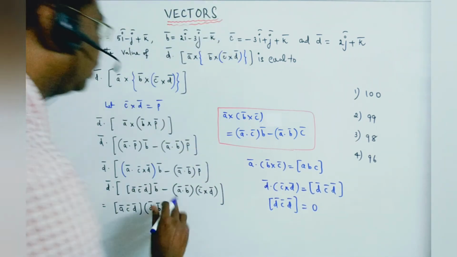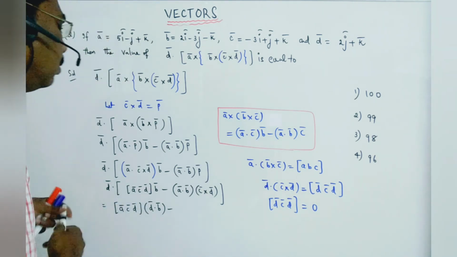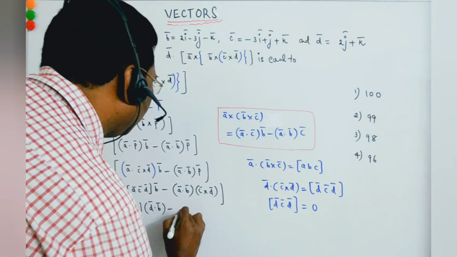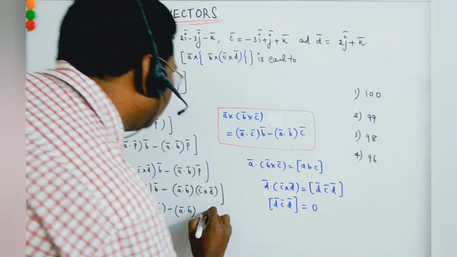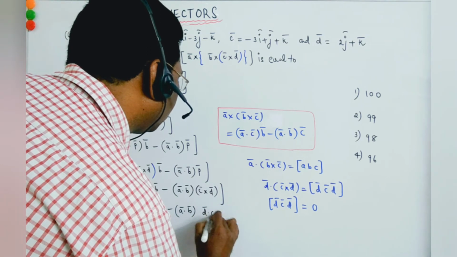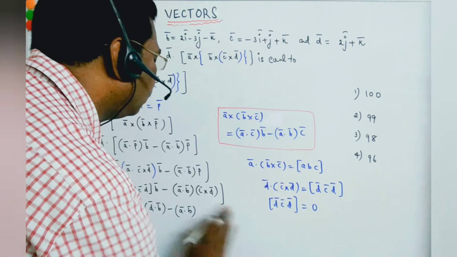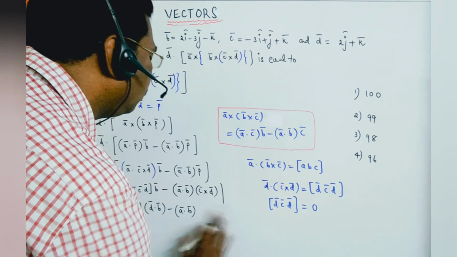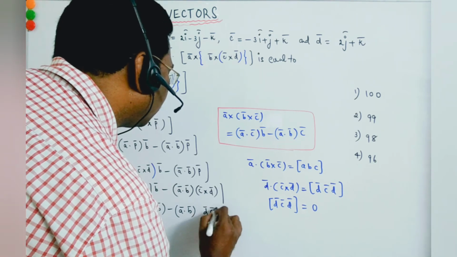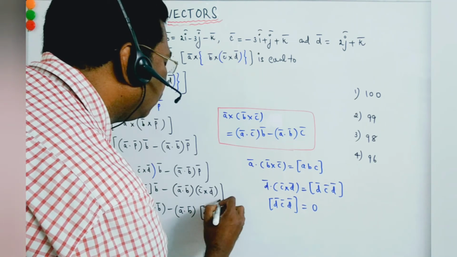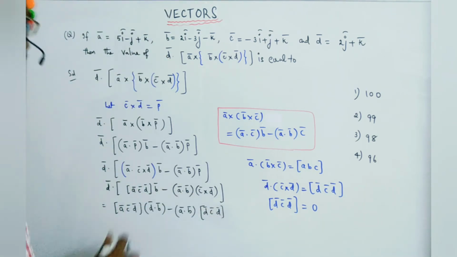Now a bar dot b bar into d bar dot c bar cross d bar means box d bar c bar d bar, and this value is 0.